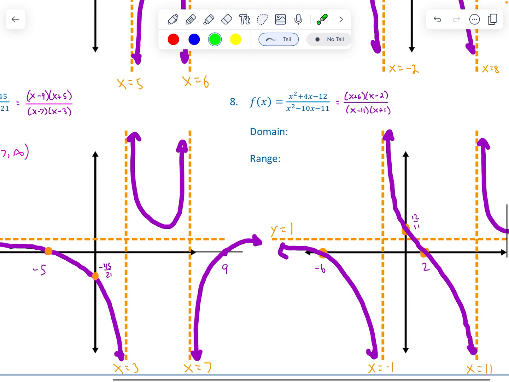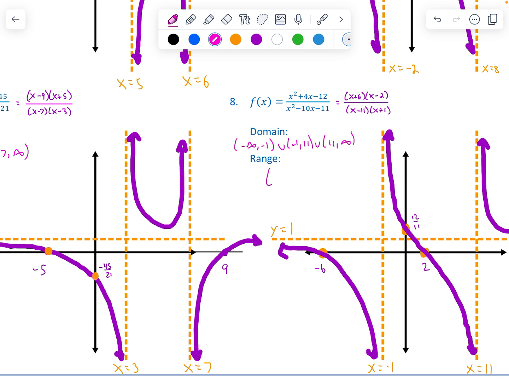So there's a more logical way to do it than picking numbers. Okay, our domain is negative infinity to negative 1, union negative 1 to 11, union 11 to infinity. Our range, it goes up and down forever, so it's just negative infinity to infinity.